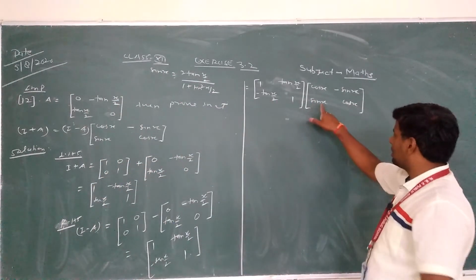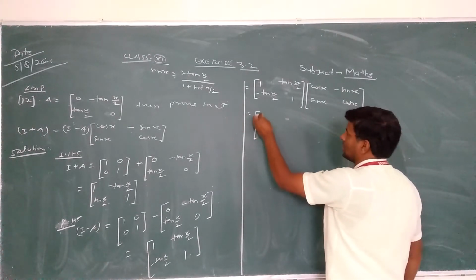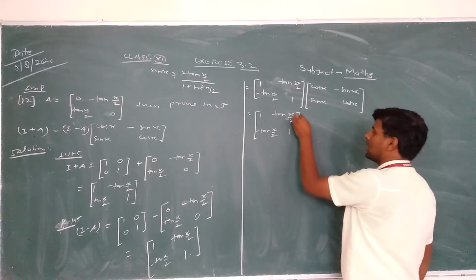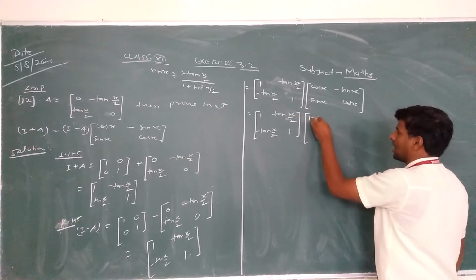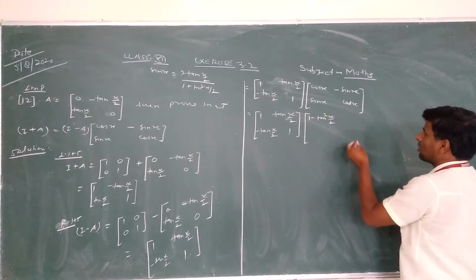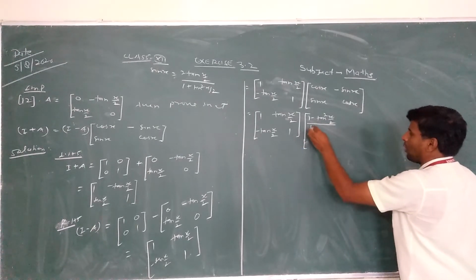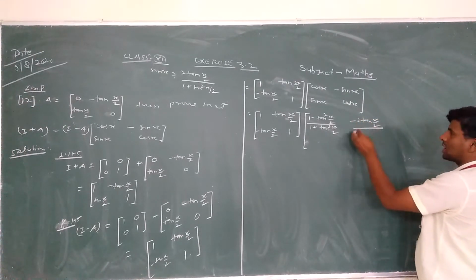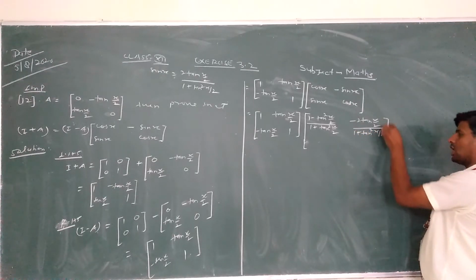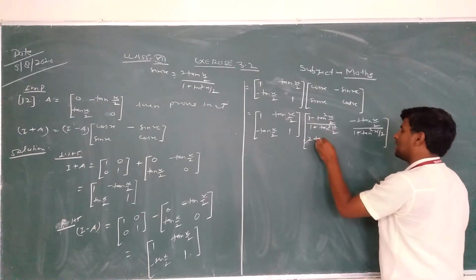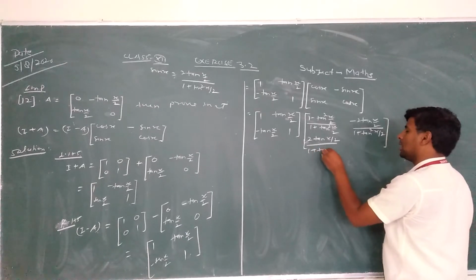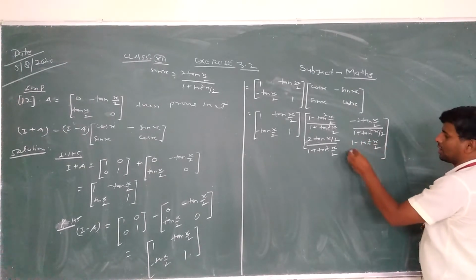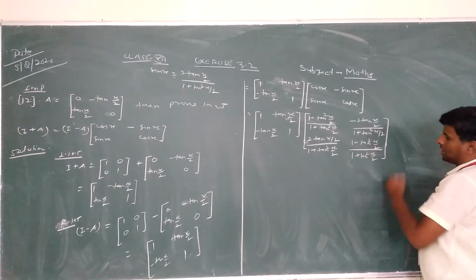So we need to change this matrix in the form of tan. How can we change it? 1, tan(x/2), minus tan(x/2), and 1. Change cos: what can we write? 1 minus tan square(x/2) by 1 plus tan square(x/2); minus 2 tan(x/2) by 1 plus tan square(x/2); again sin is 2 tan(x/2) by 1 plus tan square(x/2), and cos is 1 minus tan square(x/2) by 1 plus tan square(x/2).